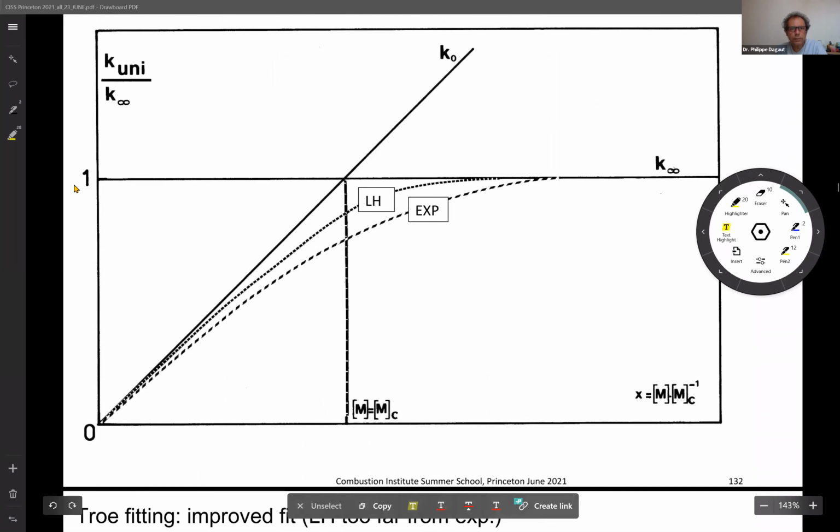So this schematic here shows you the evolution, but it's just a general graph. But for a given reaction, maybe this rate will go like this, and then you will have a different fall-off.